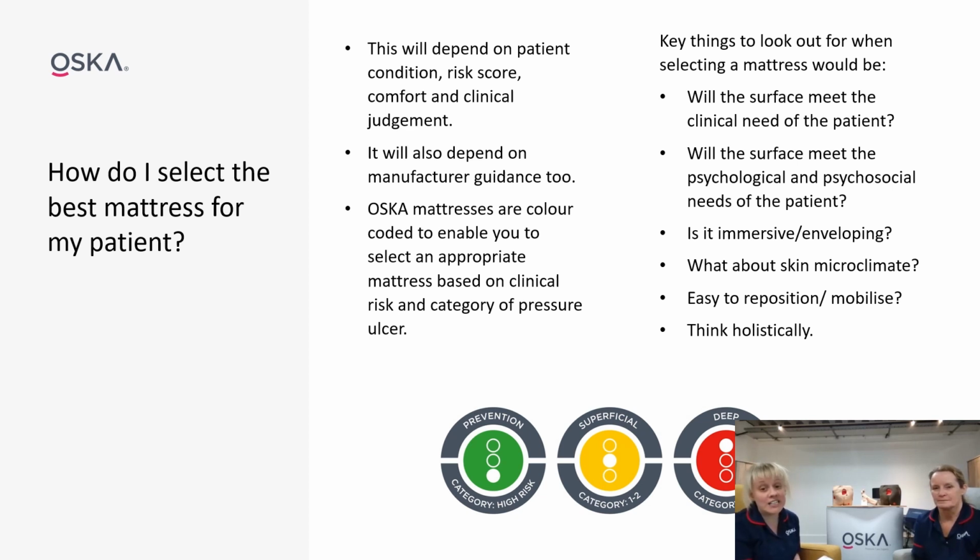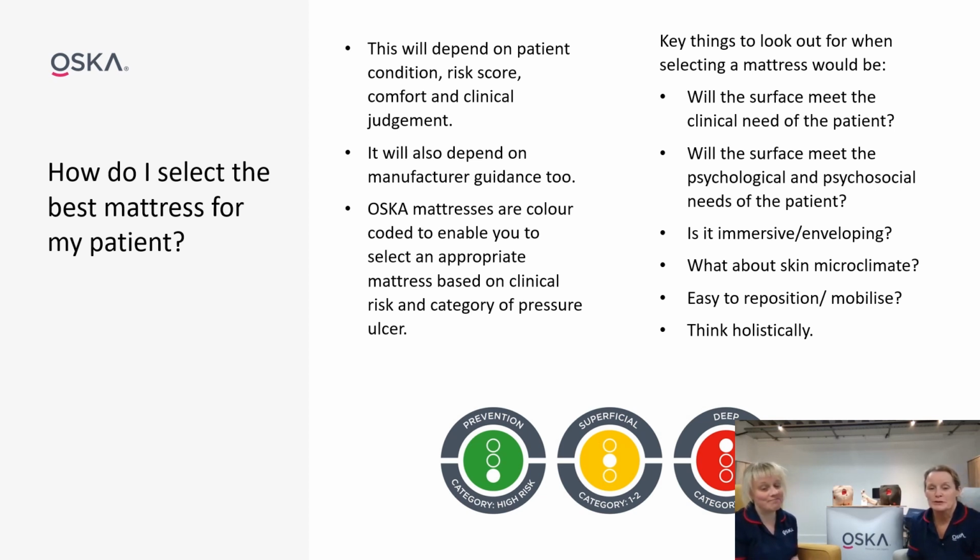Amber is looking at superficial risk, so superficial category of pressure ulcer, up to category 2, but again up to high risk prevention. And then our red stamp looks at high risk, so it will be high to very high risk and up to category 4 pressure damage. So all of our mattresses will have that colour coding system on, so it just makes it nice and easy. But like I said, you need to look at your manufacturer guidance and instruction, but also use your risk assessment and clinical judgment as well.